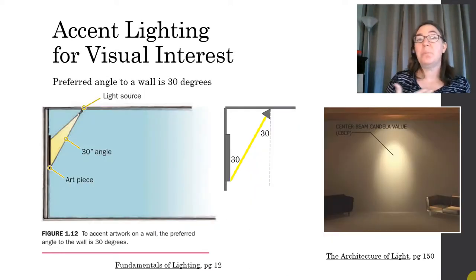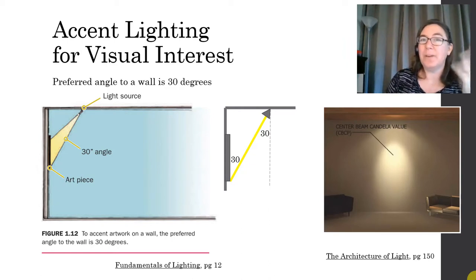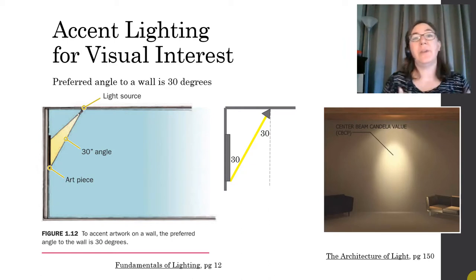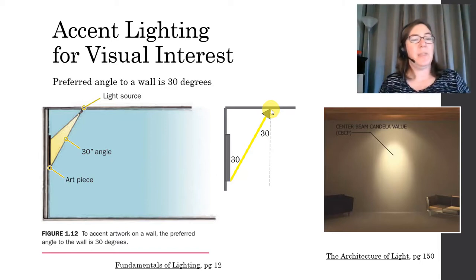Now, where should you place your luminaire for accent lighting? The preferred angle, if you have a vertical piece of artwork, something on a wall, is 30 degrees. And I drew a little diagram to show you what that looks like here in comparison to the figure 1.12 in your textbook.